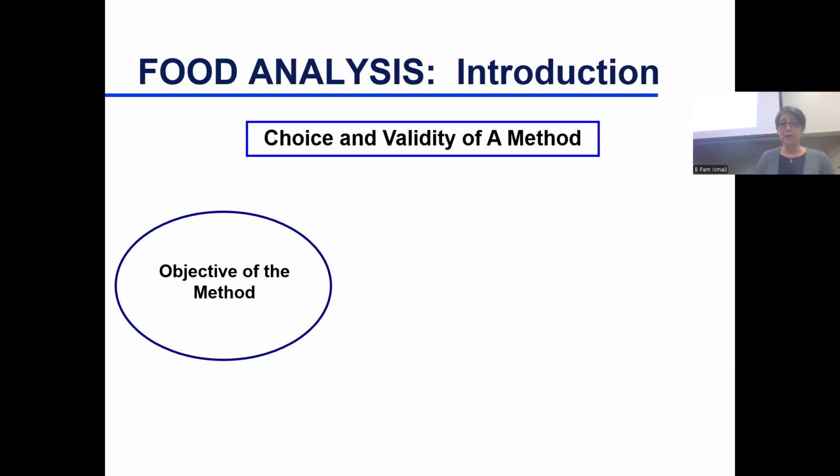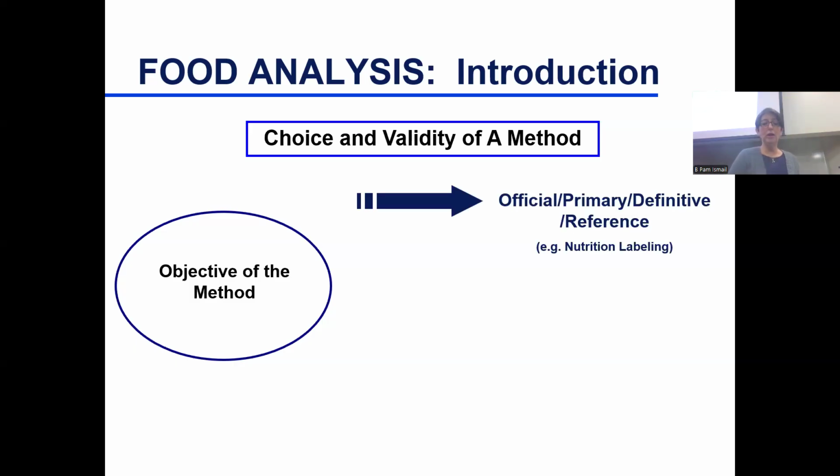What is our objective? So to give you an idea, if our objective is nutrition labeling, you want to do compositional analysis to put the protein content, the total fat, the saturated fat. So you want to develop your nutrition label. So your method of choice has to be an official method of analysis.